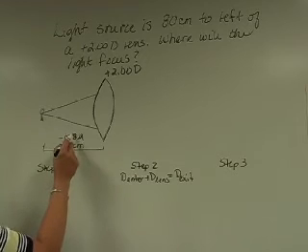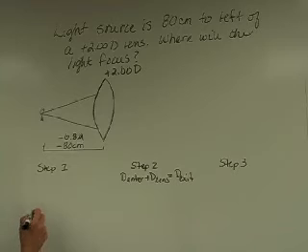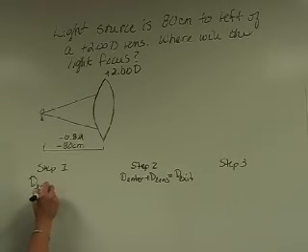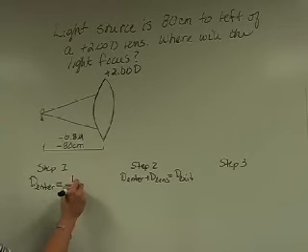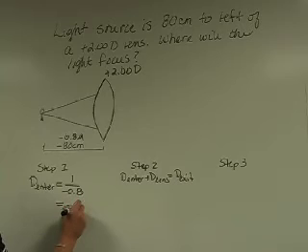Simply take the reciprocal of this number, divide 0.8 into 1, and that'll give you the diopter power. So the diopter power of the light entering the lens is equal to 1 divided by a negative 0.8. And that will equal a negative 1.25 diopters.